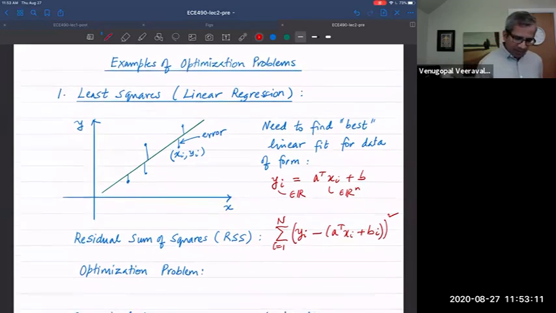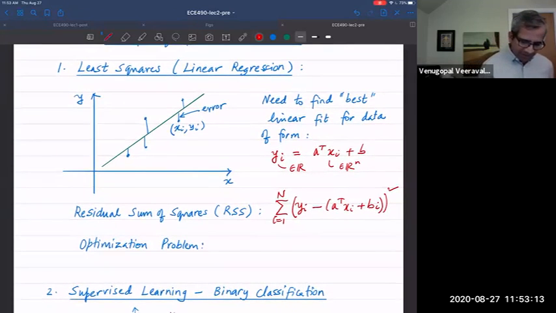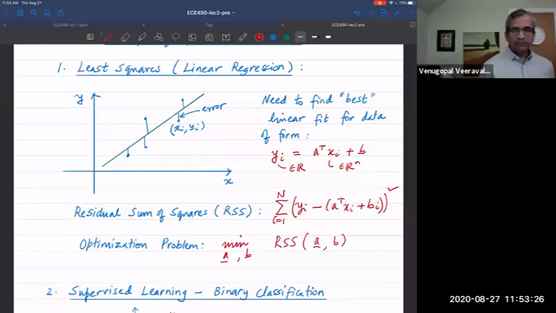And the optimization problem becomes finding the A and the b to minimize this RSS. We'll talk about optimization algorithms later that will allow us to do this minimization effectively. Practical algorithms to do this.